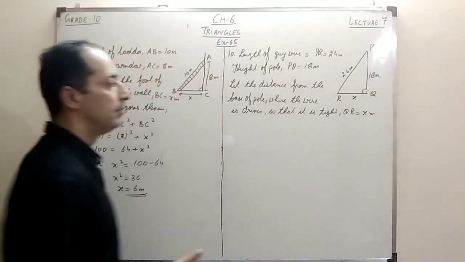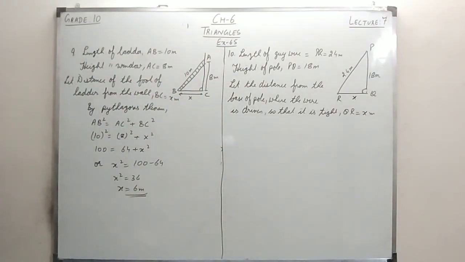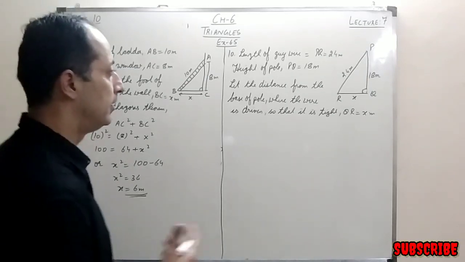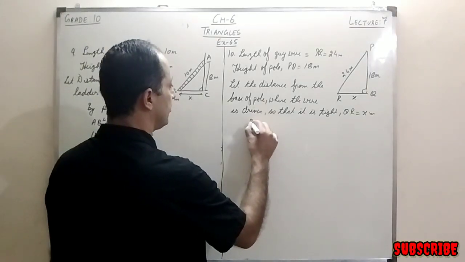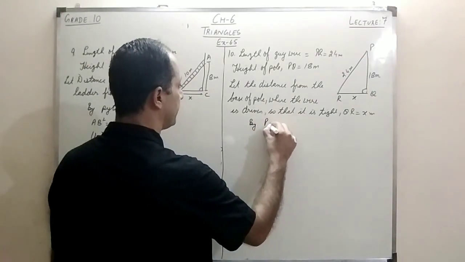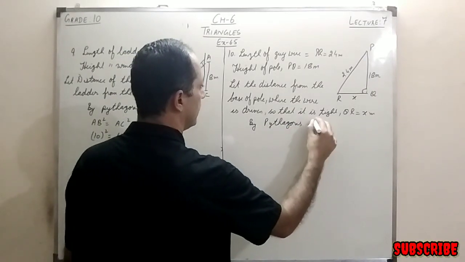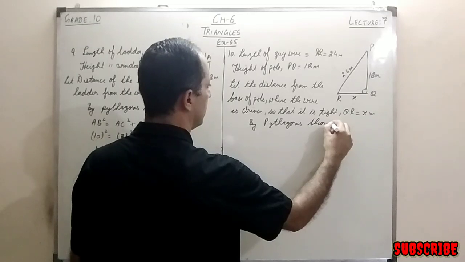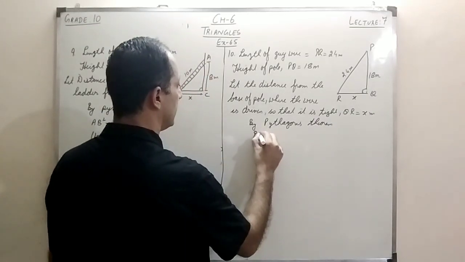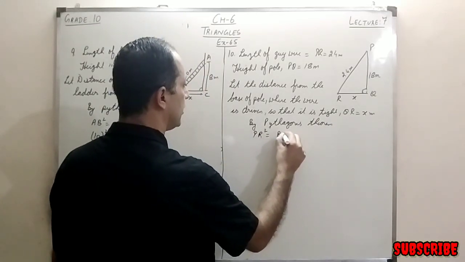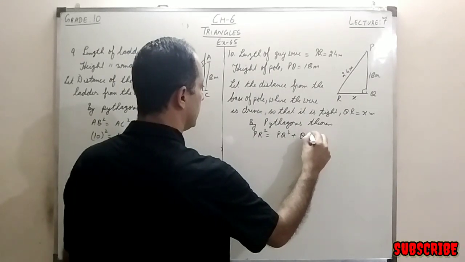So quite a simple question. There also we found the base, here also we are finding the base. So by Pythagoras theorem we can write PR square is equal to PQ square plus QR square.